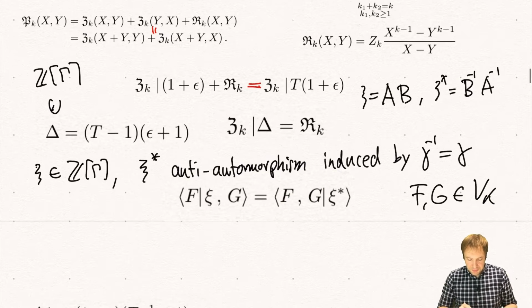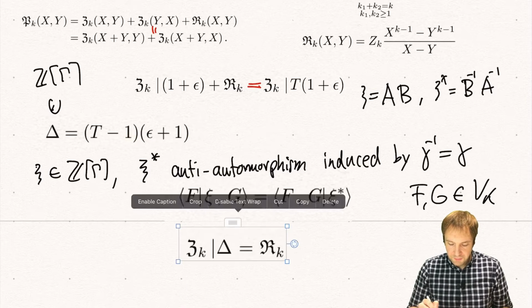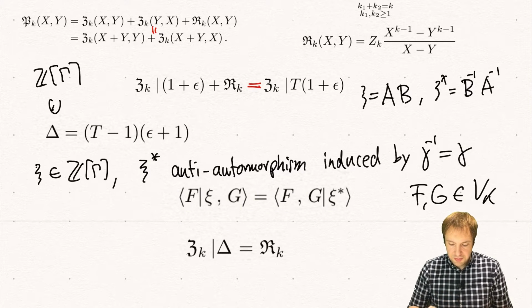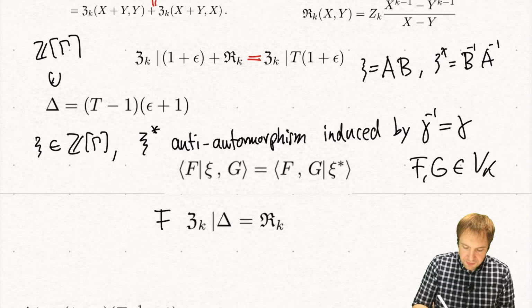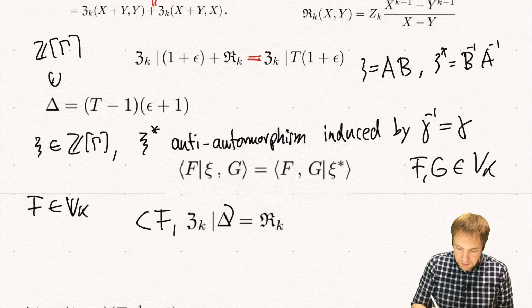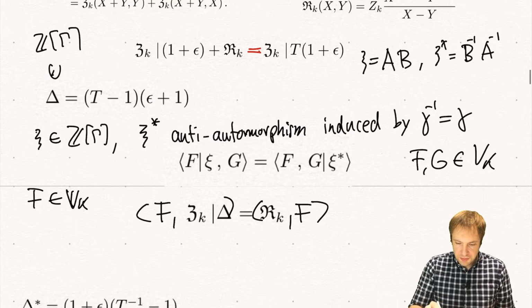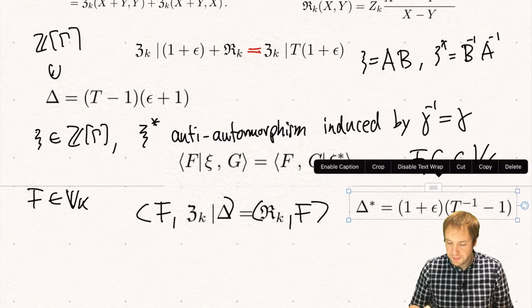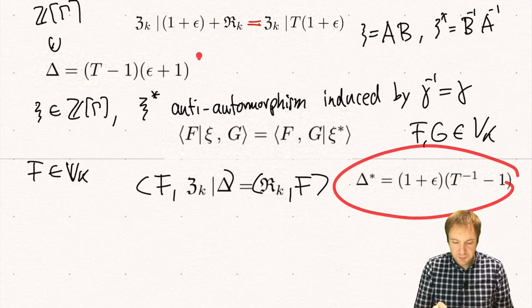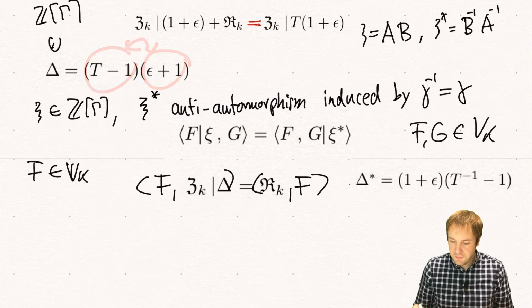And so this has a nice effect: if I have this equation here, and if I pair this with any f in V_k, well, it's symmetric, so I can also do it like this. And then I can construct the adjoint of this delta, which is just given by this, because I just need to reverse these here and then take the inverse.